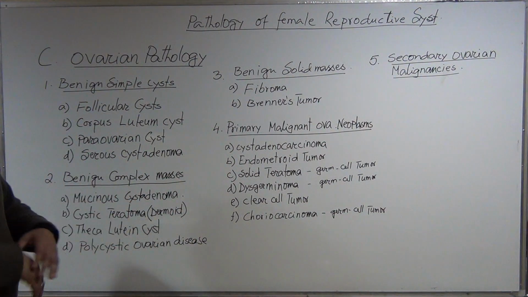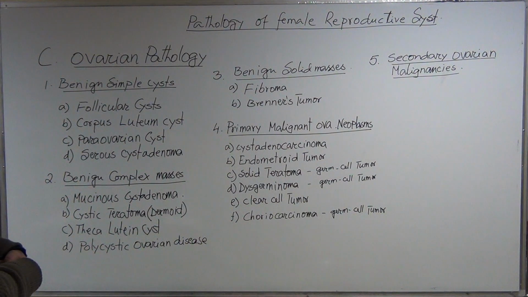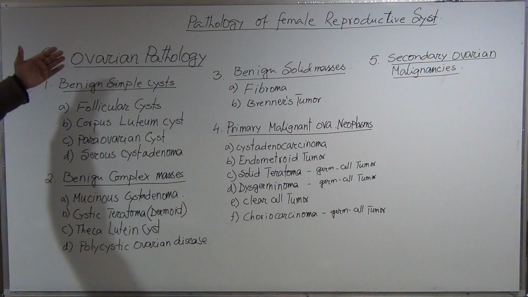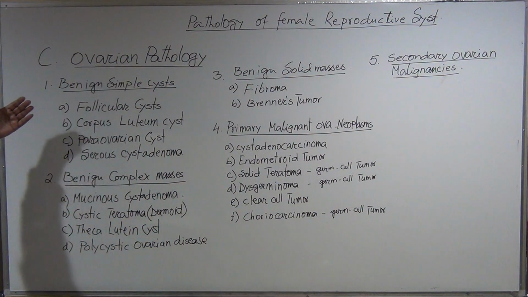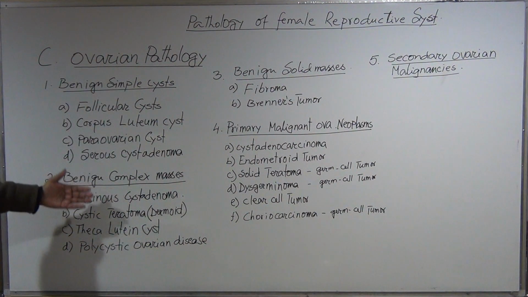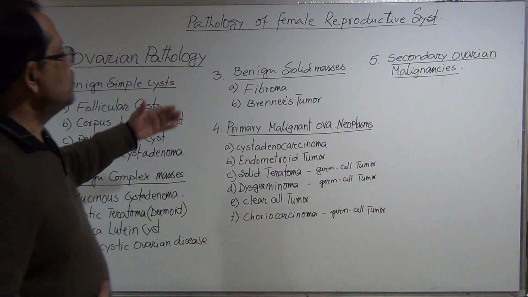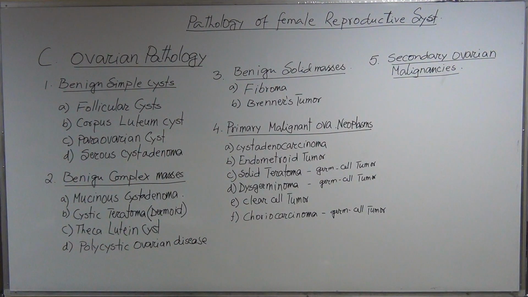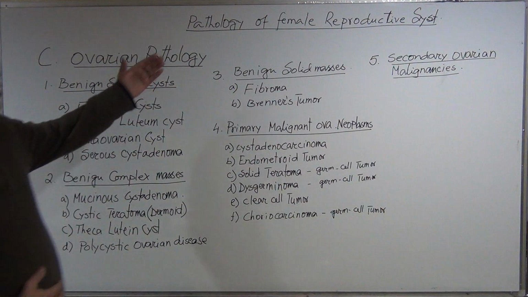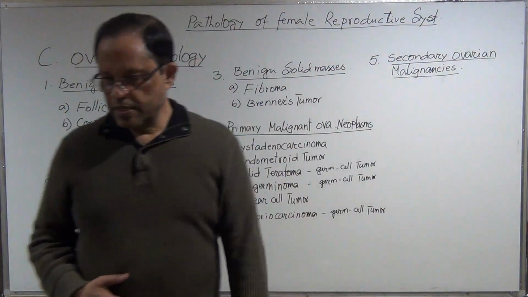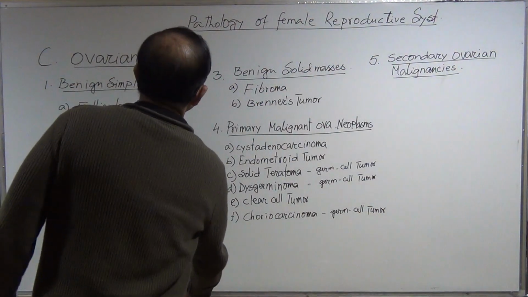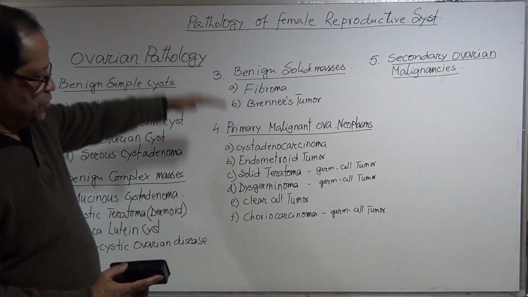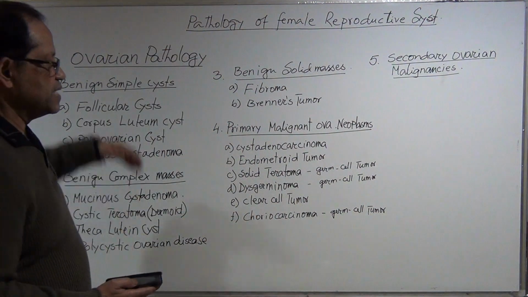Okay, we're going to discuss about it. Now I like to go over the benign simple cyst with the diagrams first. I need actually a space to describe this, so I'm going to take this part out. But I believe you took note about these classifications.